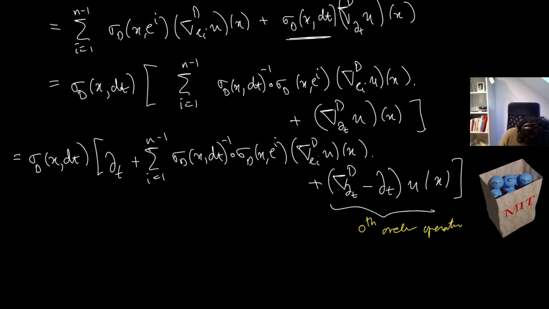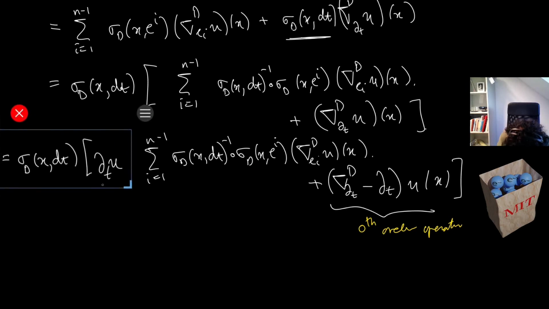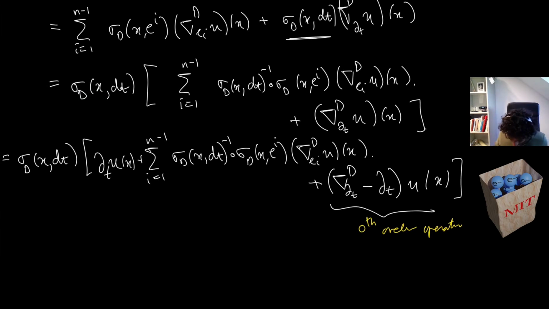Yes. So the question was, shouldn't the dt in front get a u? Absolutely. And it should be u at x. So I'm out of room here. At x plus. Of course, the u depends on both x and t, right? But I'm just really writing the x dependency here.